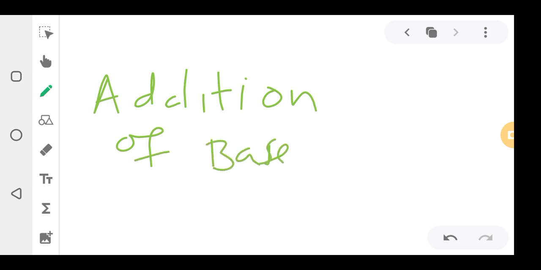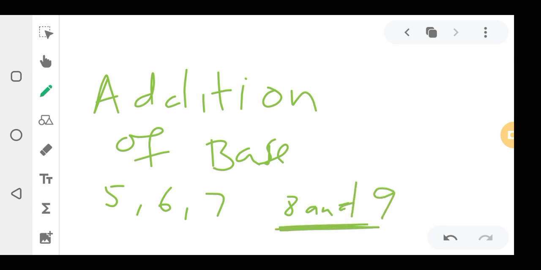This is for grade 5, grade 6, grade 7, sometimes even grade 8 and 9. For grade 8 and 9, you need to have this basic, because they sometimes can ask you in the exam, so you need to know how to do this. But most especially for grade 5, 6, 7, but sometimes also the grade 9s do it.